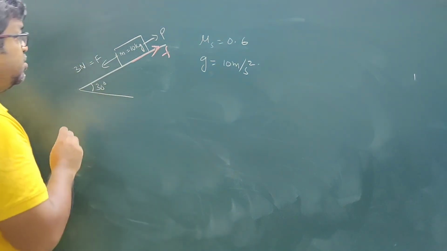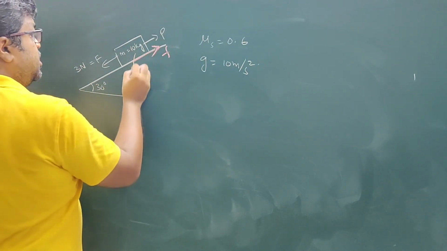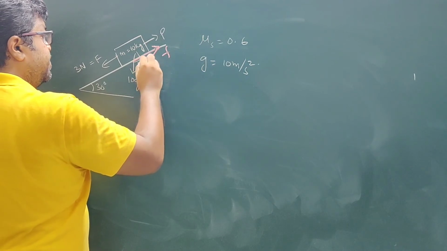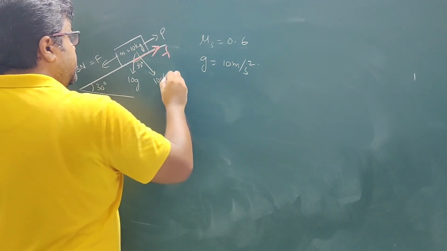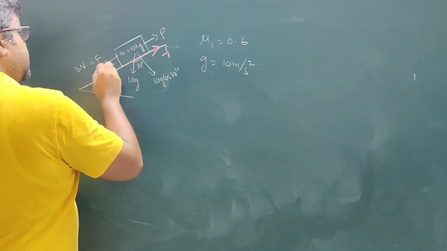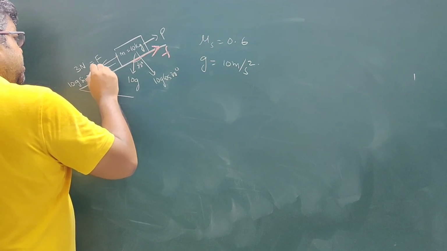Now, this is 10g, this is 30 degrees, so this is 10g cos 30 degrees, and in the downward direction it will be 10g sin 30 degrees.